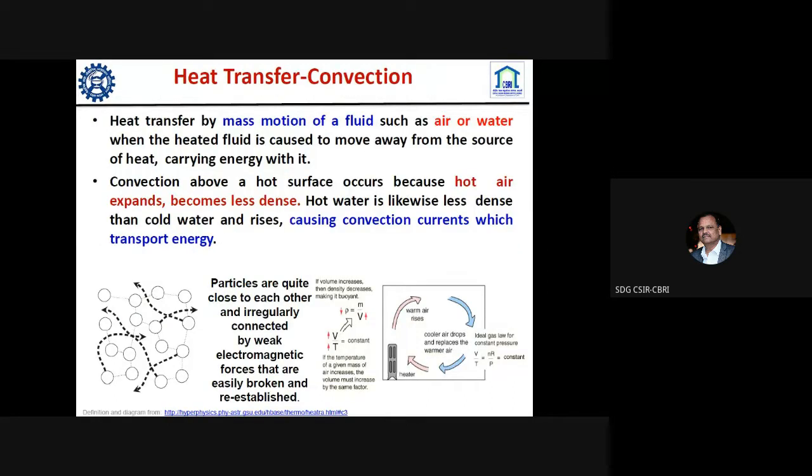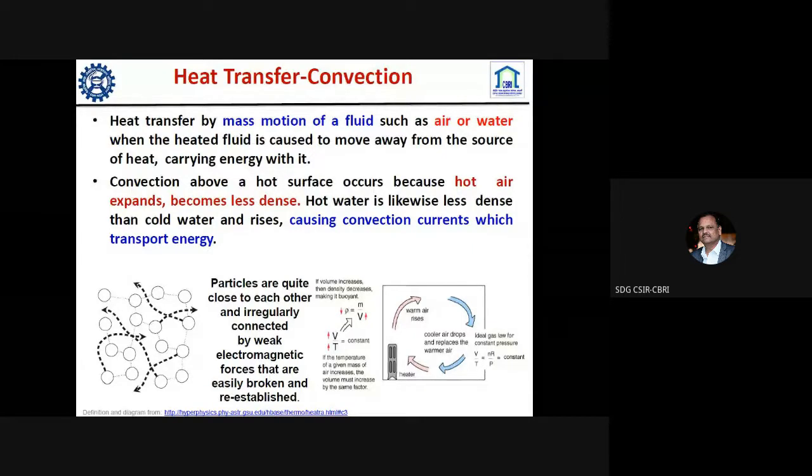Whereas in convection, there is mass motion of fluids such as air or water, where the heated fluid moves. For example, when water is heated, it moves up, and the colder water from the top comes below. So here convection occurs through mass motion.